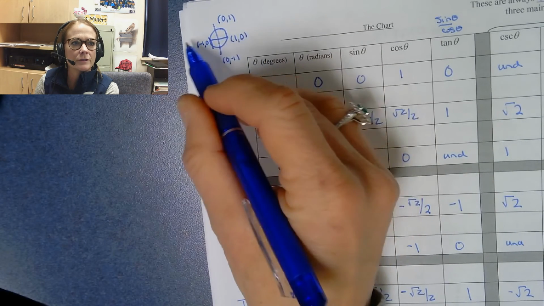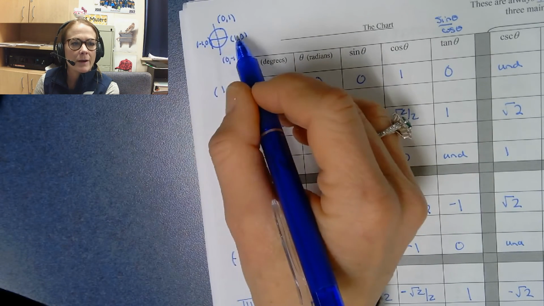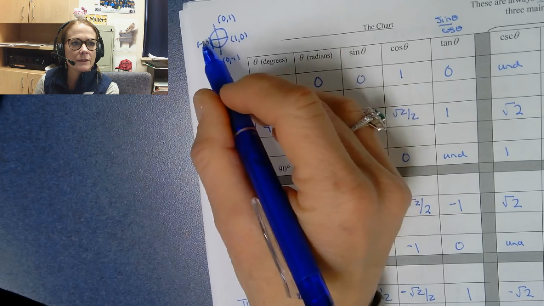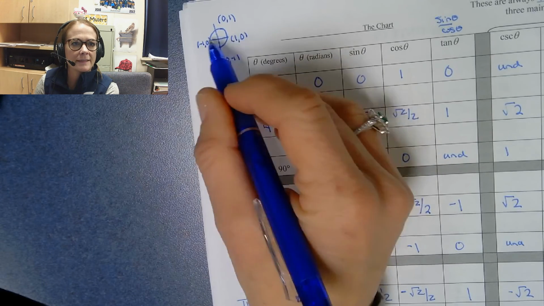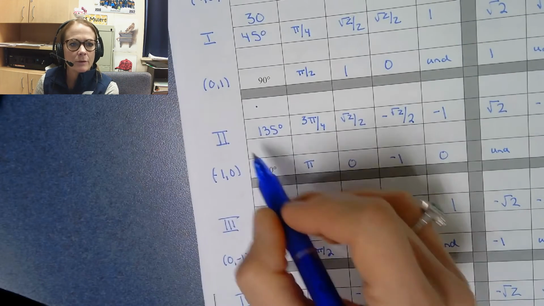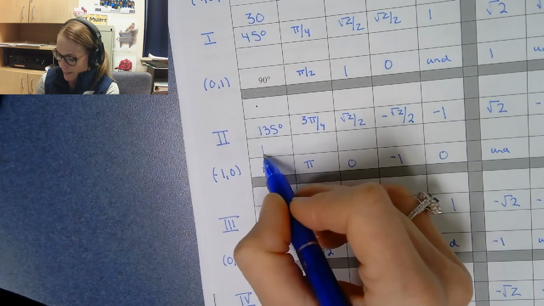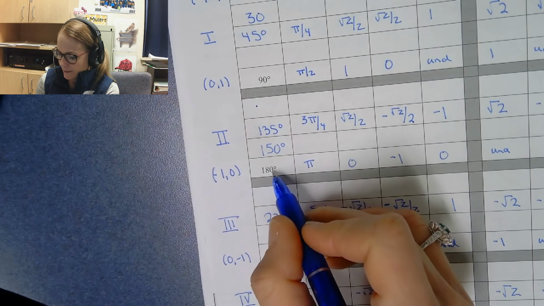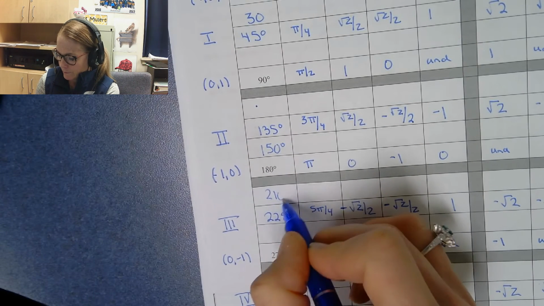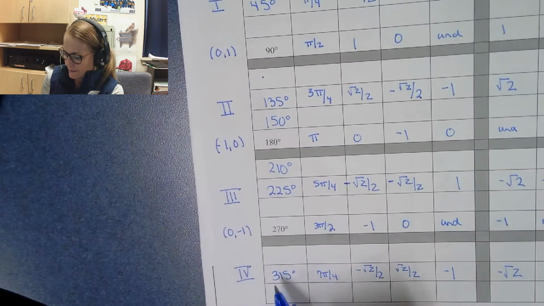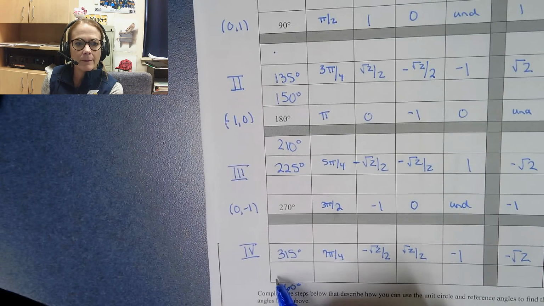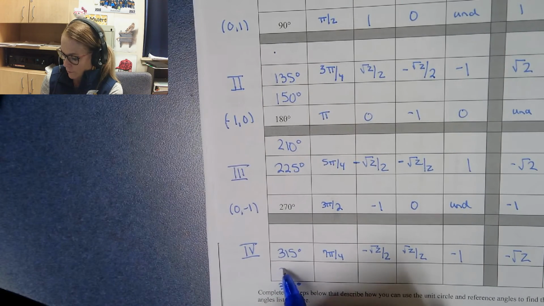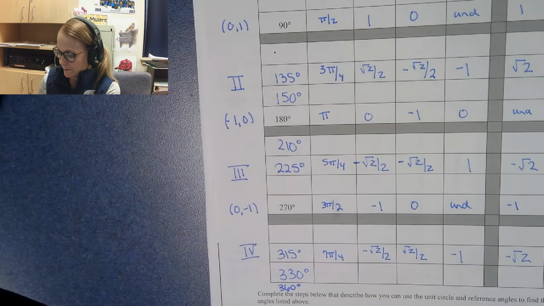So we want a 30-degree angle that's 30 degrees away from this very important x-axis. To get 30 degrees away from 180 in quad 2, we back up to 150. In quad 3, we bump up by 30 degrees. And in quad 4, I'm going to back up from this horizontal axis, so 330. Those are your 30-degree angles.